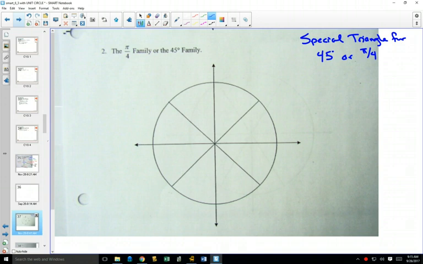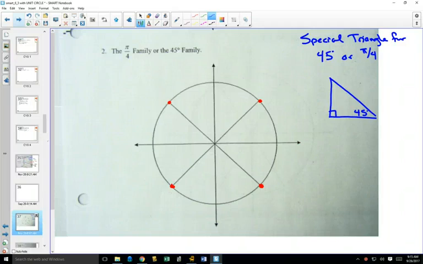And so our special triangle for 45 degrees, since we want to figure out what sine, cos, and tan are, because then we're going to be able to label the coordinates of these points, we need to draw a right angle triangle with one angle being 45 degrees.